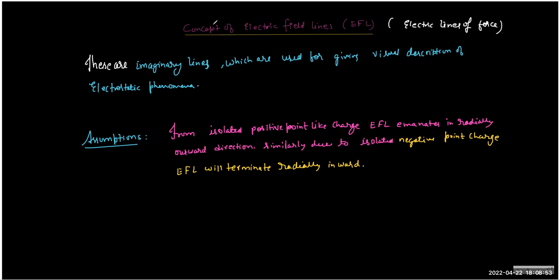So the question is how much they will release and how much they will terminate. It means there should be some sort of measurement of either emanation or termination, isn't it? So due to positive, you can do it in all directions.